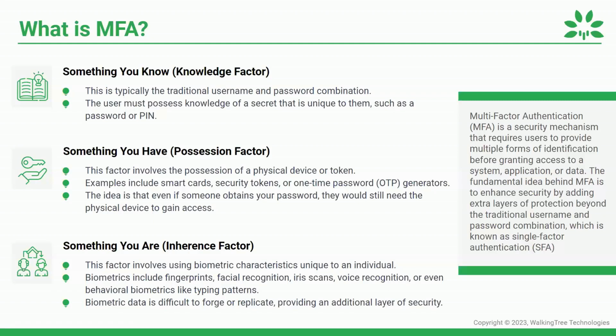But to verify your identity, something you are, the inherent factor, is the key: the biometrics, fingerprints, facial recognition, voice recognition, your behavioral metrics. These cannot be transferred to somebody and cannot be forged by somebody else to get access to your application or your account without your permission.